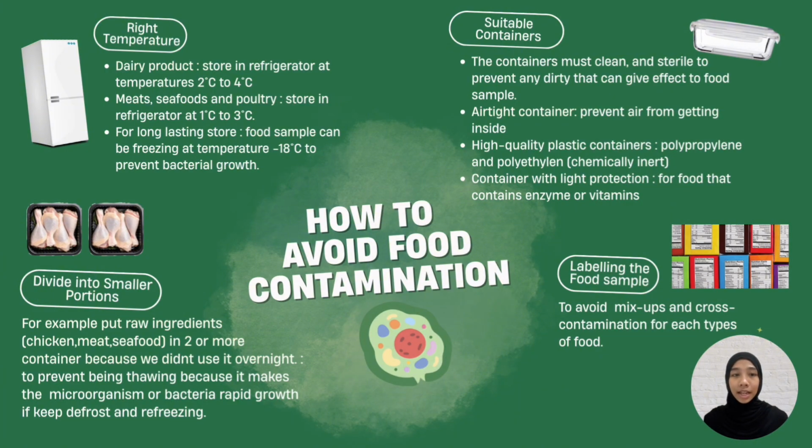For example, dairy products should be stored in a refrigerator at 2 degrees Celsius to 4 degrees Celsius, while meats, seafoods, and poultry should be stored at 1 degree Celsius to 3 degrees Celsius. If the food sample needs long-term storage, freezing at -18 degrees Celsius is recommended to prevent bacterial growth.